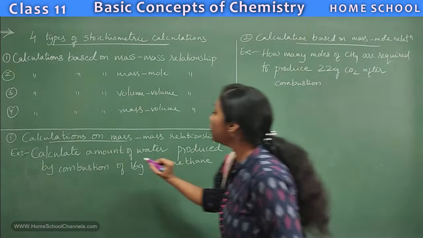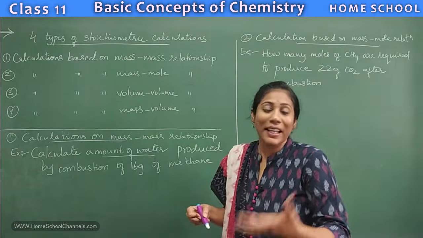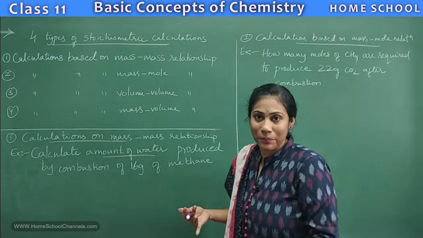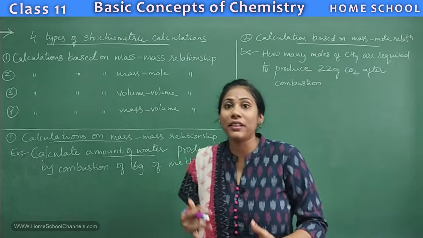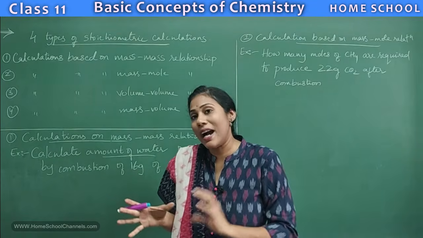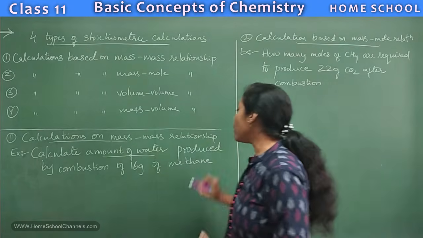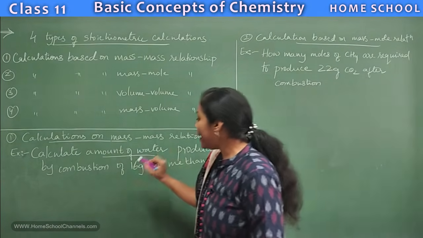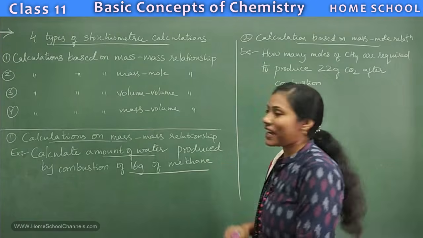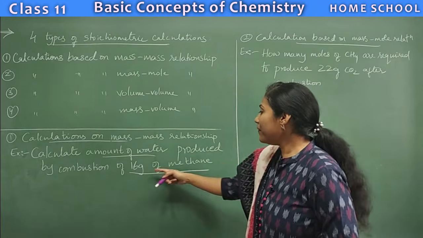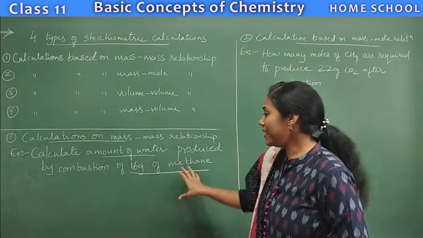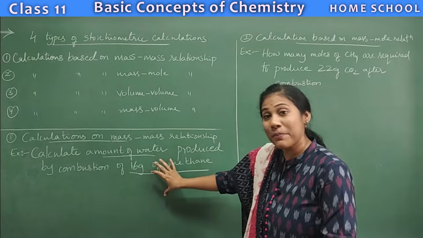Calculate amount of water. Amount means what? It is in gram. Okay, whenever they say amount, it means that mass they are asking you to calculate. Calculate amount of water produced by combustion of 16 grams of methane. They have given information in grams. You see, they have given information in terms of mass.